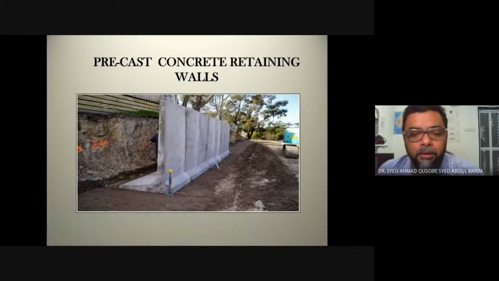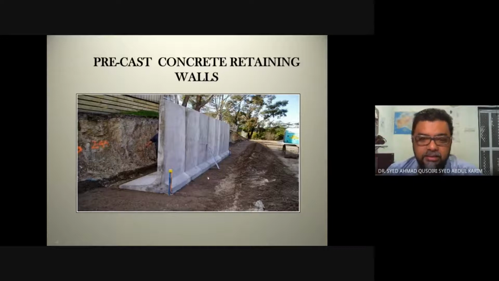Or if it's a temporary feature, it's just freestanding on the ground like this. And due to its mobility, as it is precast concrete, we can arrange them in a square type or a circular type, and then it can be used to store materials in it.